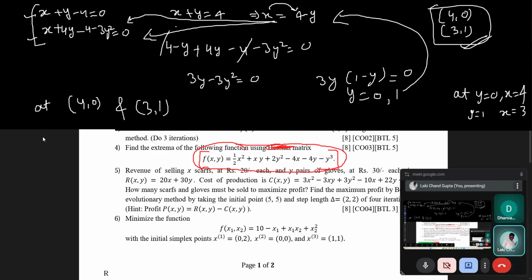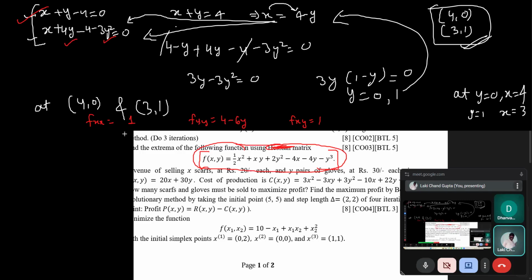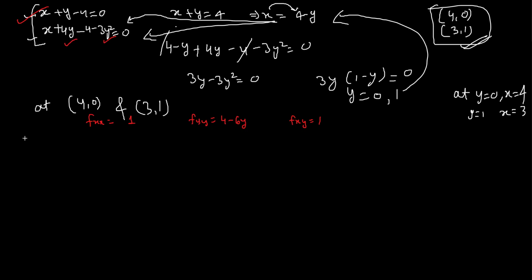Now we will find f double x, right? fxx is 1. fyy will be 4 minus 6y, and fxy will be 1, right? Okay. We will check both stationary points. First we check at (4, 0).